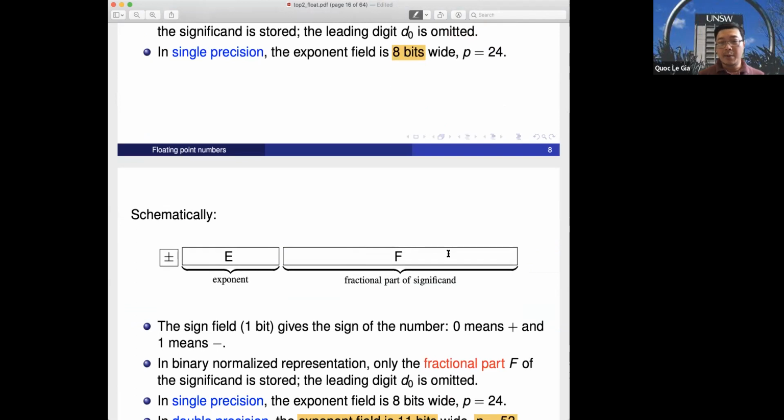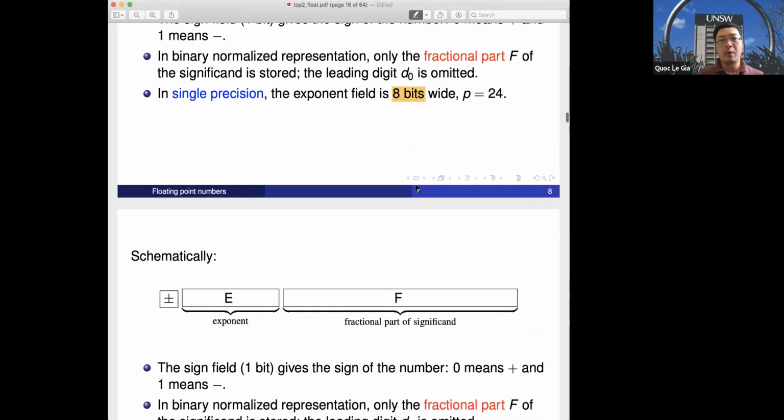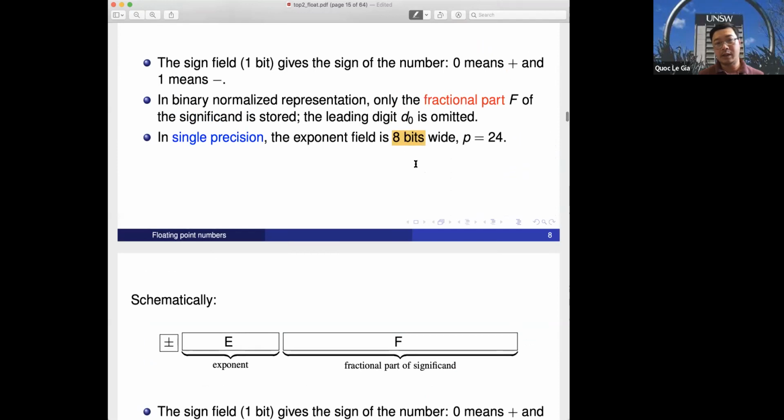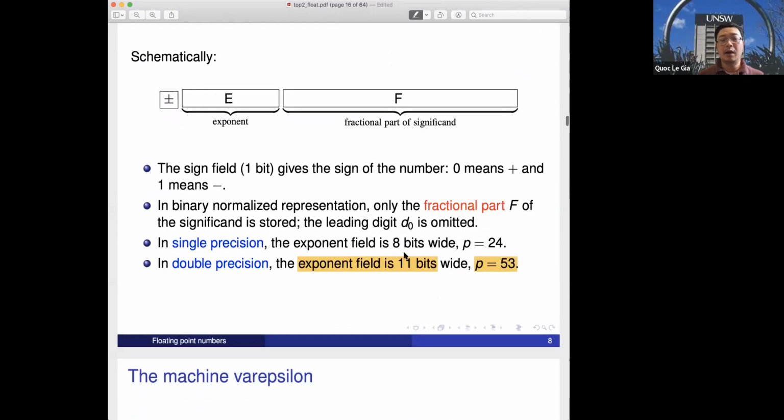So I will explain about E max. I will go back to that more precisely when we have that number. But essentially, when we have 11 bits, then you have 2 to the 11 possible choices for the exponent.